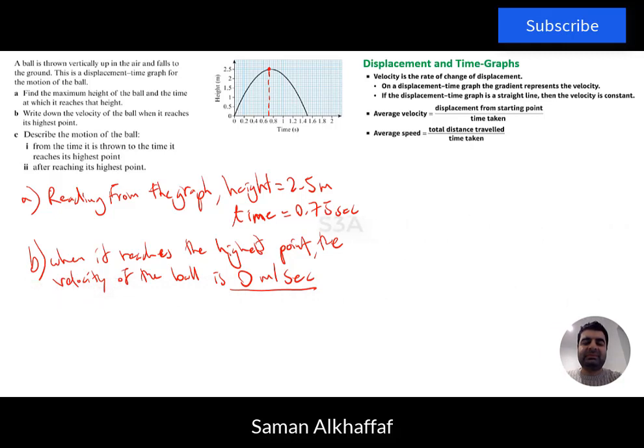For part C, we need to describe the motion of the ball from the time it is thrown to the time it reaches its highest point.